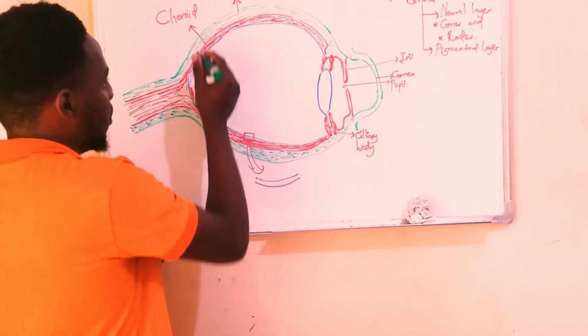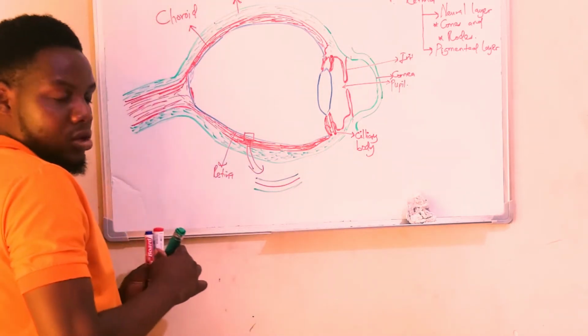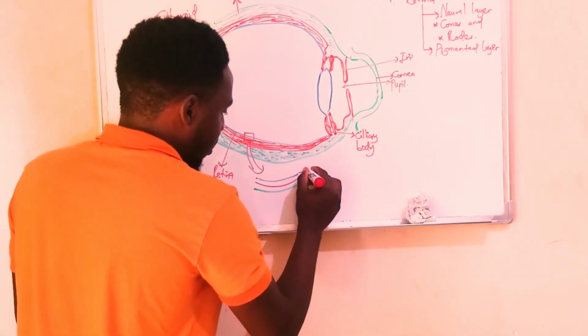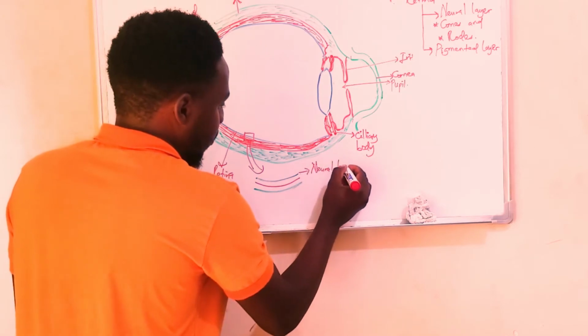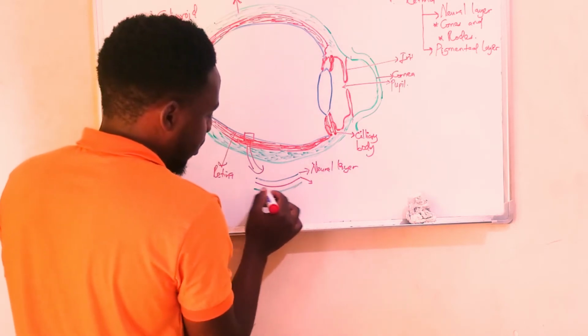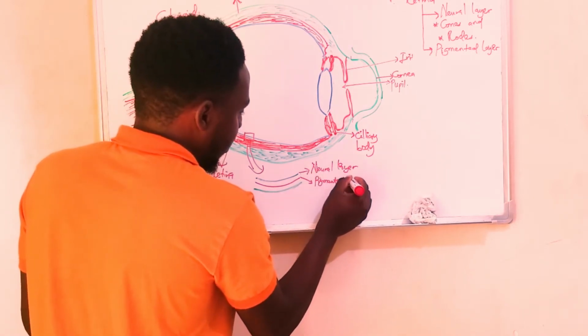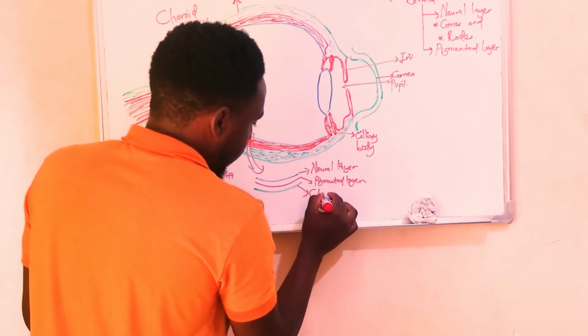Here I've used the choroid in red, but here I'll use green to differentiate them. So this part of the retina that is inside is the neural layer. Then this one that is just adjacent to the choroid is the pigmented layer. Then this one is our choroid there.